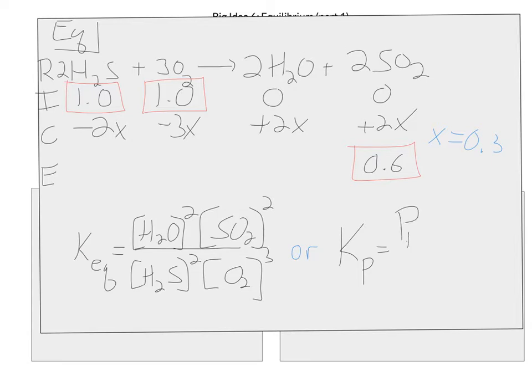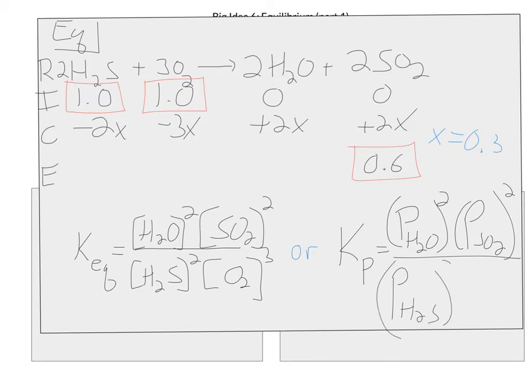We say the pressure of H2O squared times the pressure of SO2 squared over the pressure of H2S squared times the pressure of O2 cubed. Products over reactants raised to their coefficients.